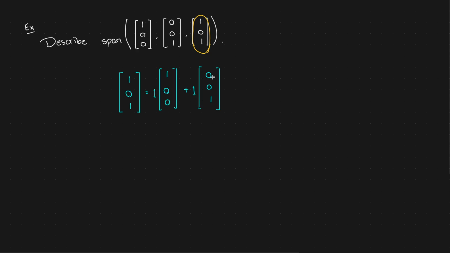This last vector doesn't tell us anything new about the span. Doesn't give us any additional useful information or useful direction that we could be in. Anything we could do with this, we can do with these 2 already.